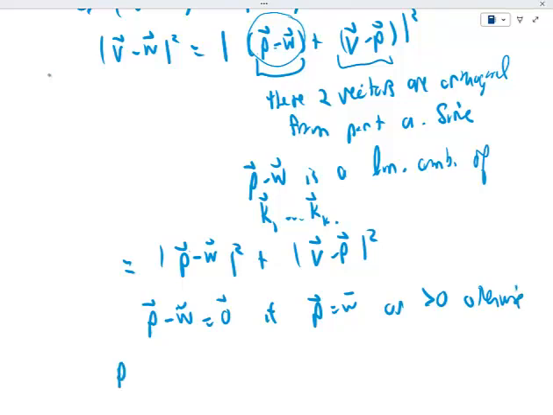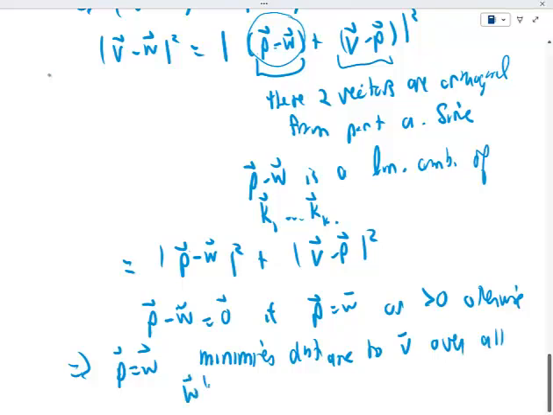Okay, so that means that P equals W minimizes the distance to V over all W's in the span of kappa 1 through kappa K. Okay? All right, so basically it's the same proof as the first one. You're using this orthogonality of the projection minus the original vector with the vectors in the subspace that you're projecting to.